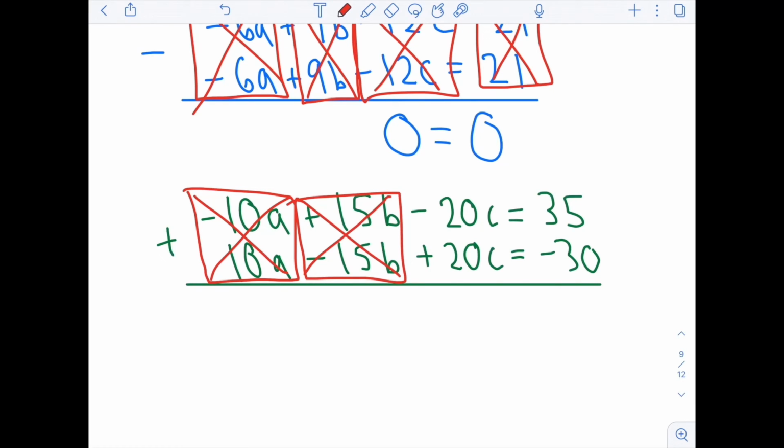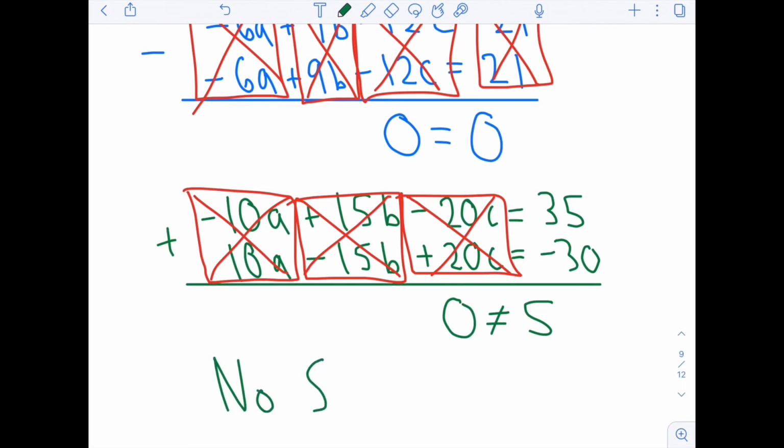Negative 20c plus 20c, that's also 0. So on the left side of the equation, I have 0, and that equals 35 plus negative 30. So we have 35 minus 30, which is 5. And that is false. 0 never equals 5. So that means this system of equations has no solution.